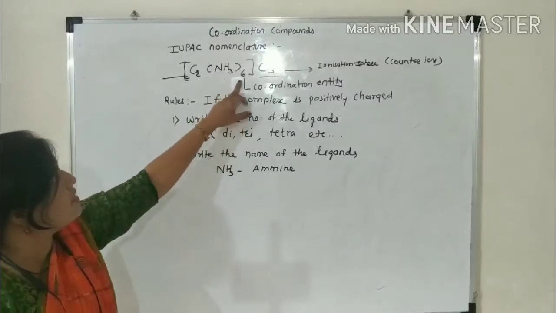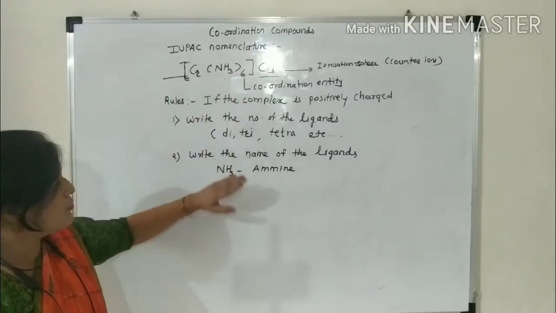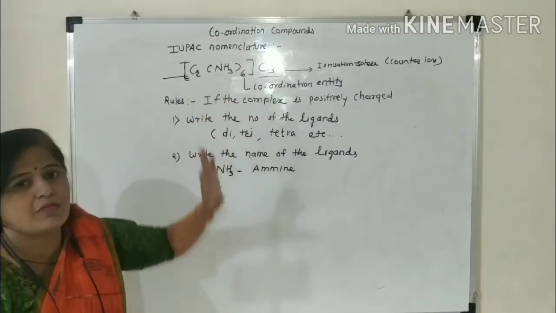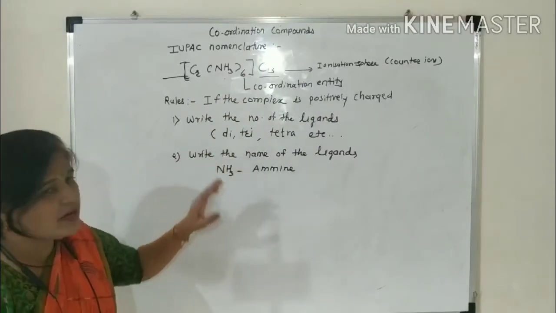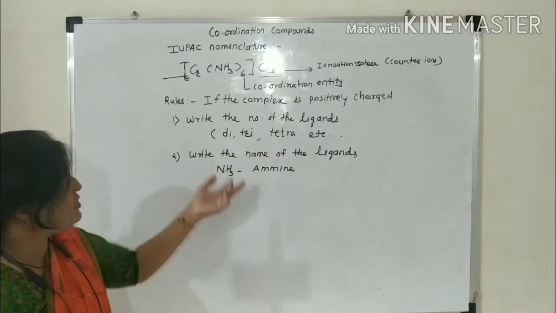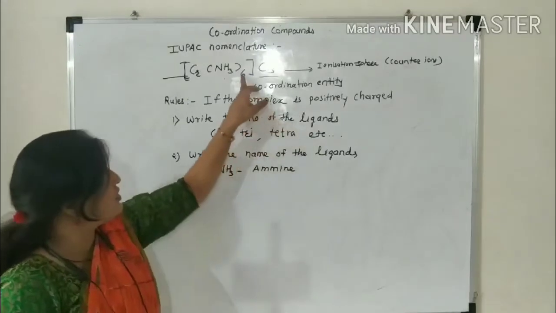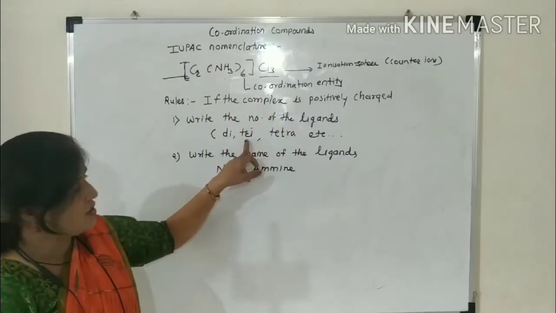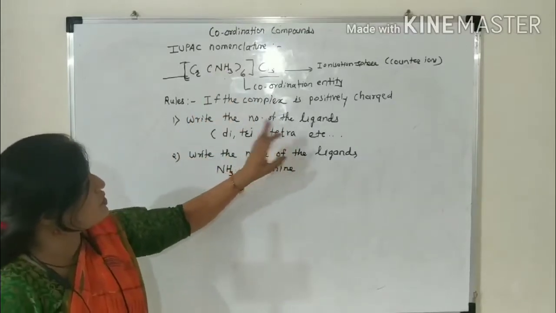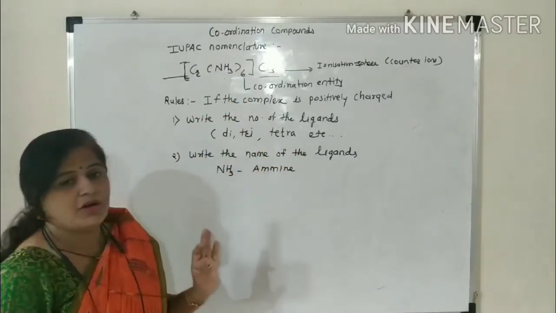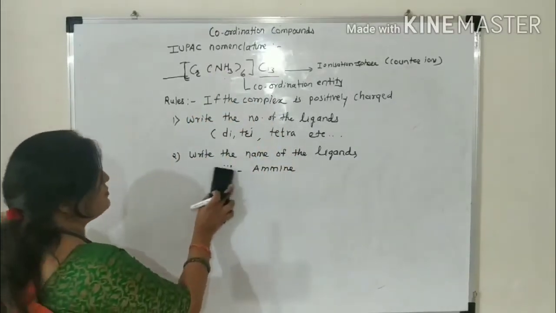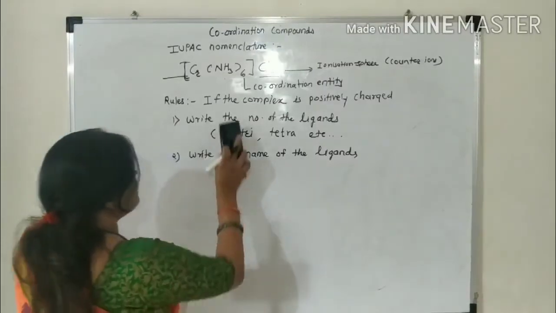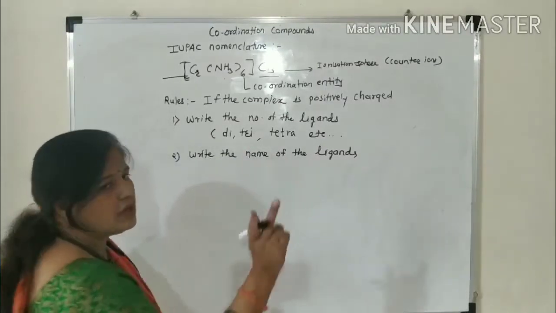There is 6 times ammonia present, therefore its name will be hexaamine. If di, you can write diamine. If 3 times amine, then you should write triamine. If ammonia 4 times, you can write tetraamine. Second step, you should write the name of the ligands.